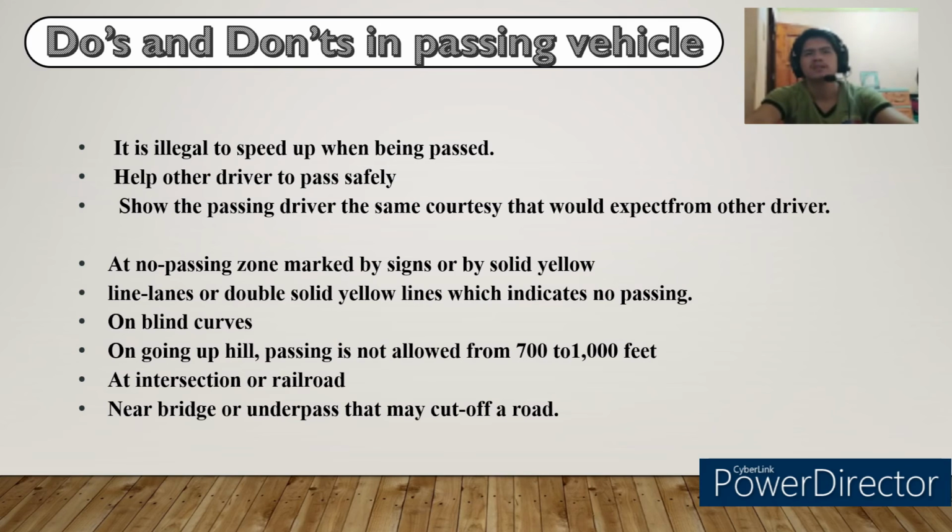You must not try to pass them, because it is very dangerous, and for our own safety, we must let them go first. Lastly, near a bridge or underpass that may cut off a road.